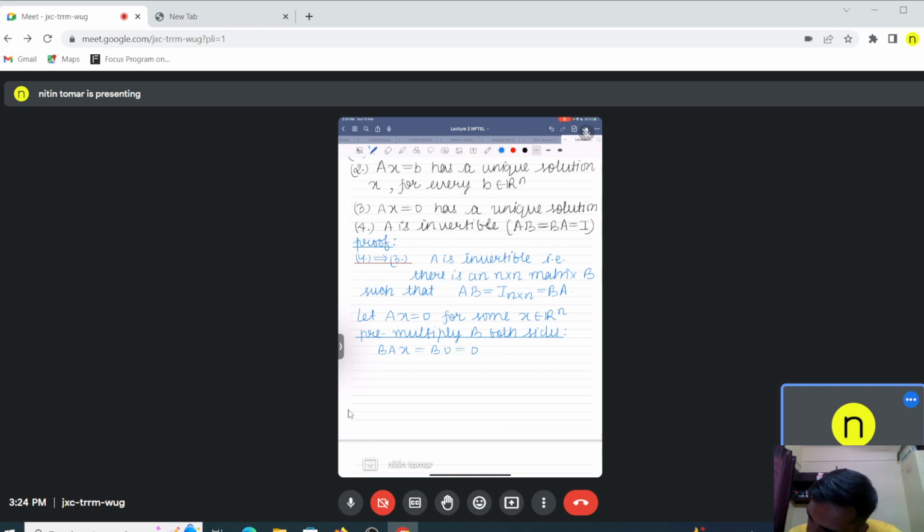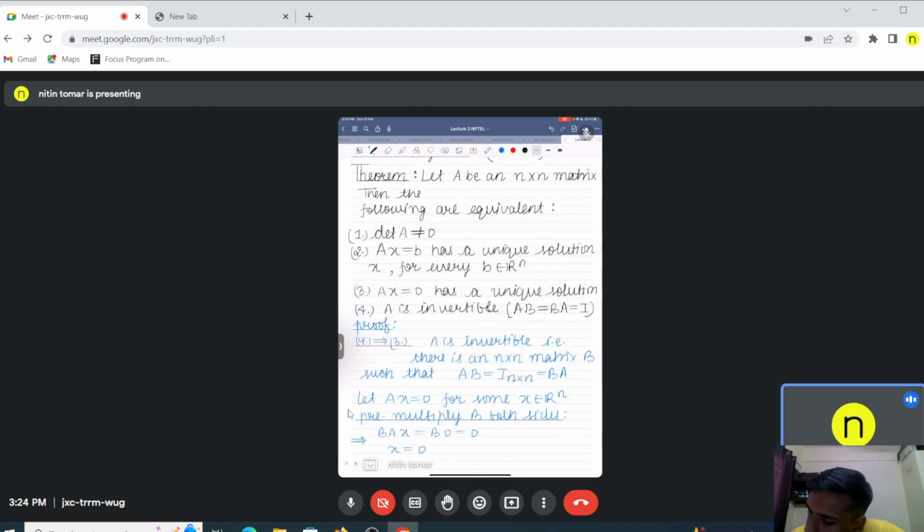But BA is the identity, so x is 0. So not only will it be a unique solution, the unique solution will have to be 0, right? So I should write Ax equal to 0 implies x equal to 0. Here I will write in particular.